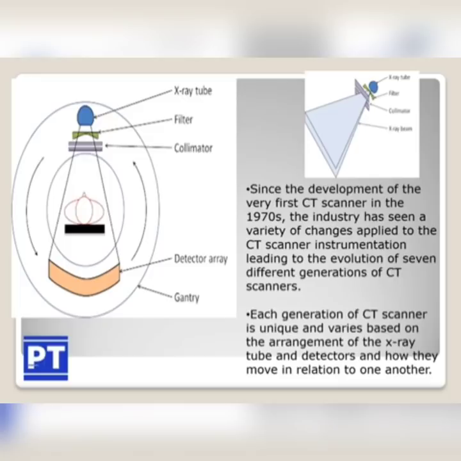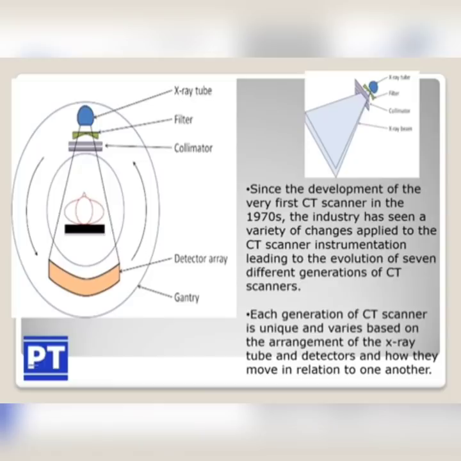Then you can see collimators and a detector array, and all of these are components of a gantry. This all comes inside a gantry. So X-ray tube, filter, collimator, detector array, as well as a gantry.